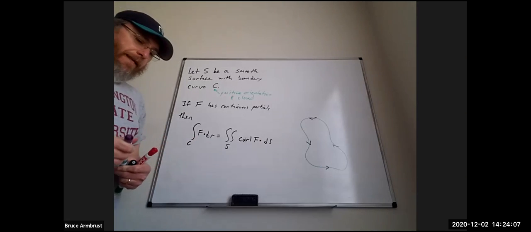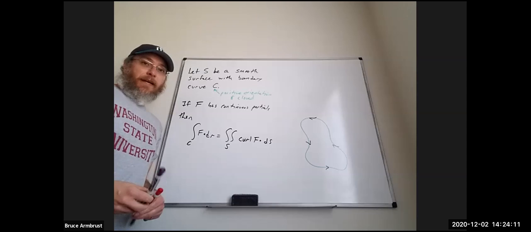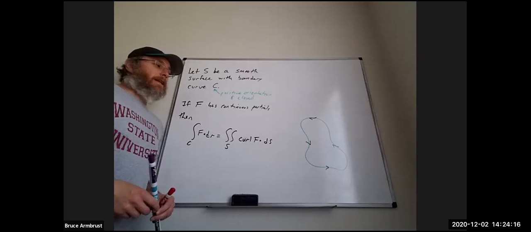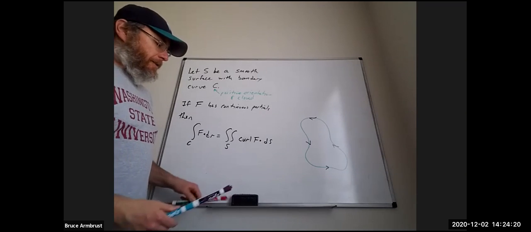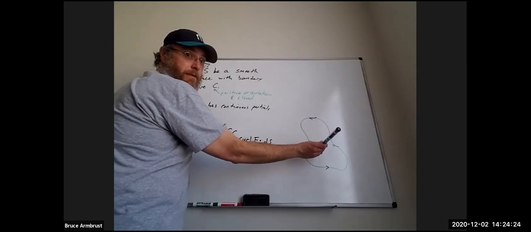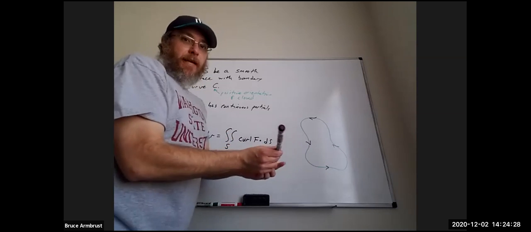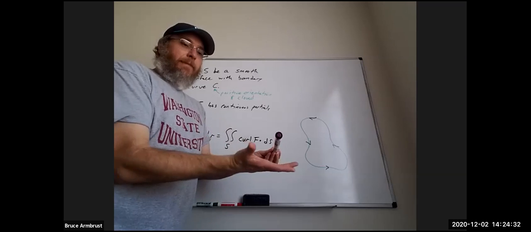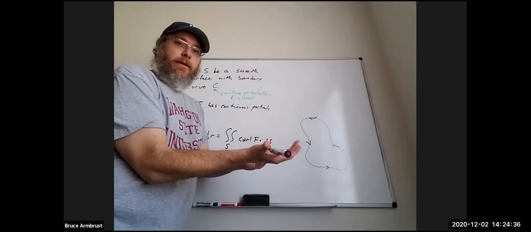Okay, well, let's think about the positively oriented normal vector. The positively oriented normal vector here is going to be going towards positive z, which is towards you, right? So here's our normal vector coming towards you. Now I take my right hand and reach around it to grab it.